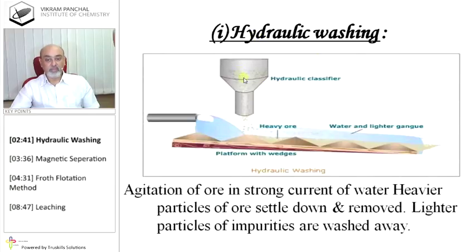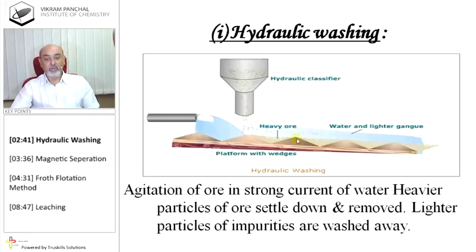In this case, this is a hydraulic classifier, and here through this pipe we can flow water, and the platform with wedges will be available. So, agitation of ore in a strong current of water: heavier particles of ore settle down in the wedges and they can be removed, and lighter particles of impurities are washed away.